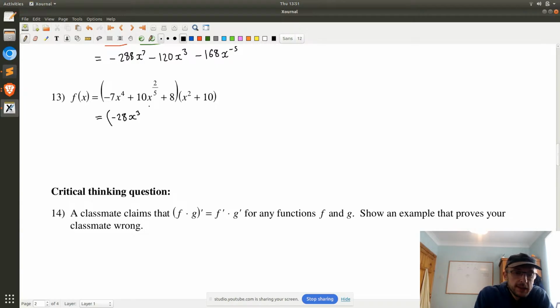Two-fifths of 10 is 4. And the second one is left alone. And now I'll differentiate the second one and leave the first one alone.